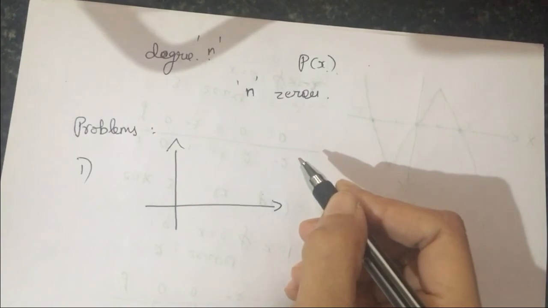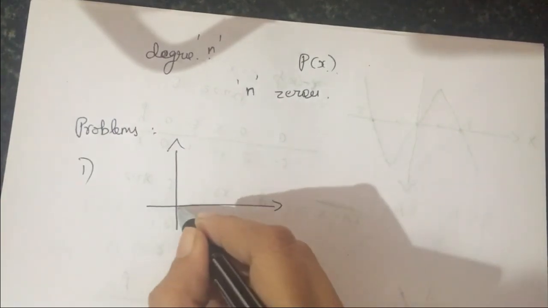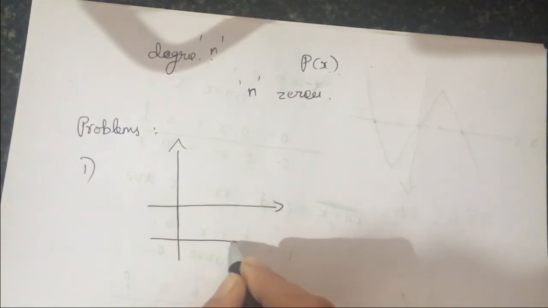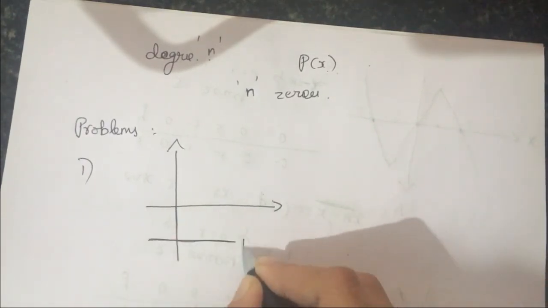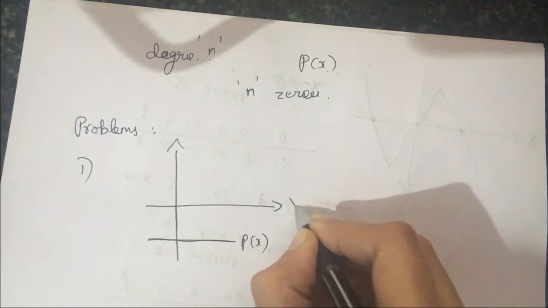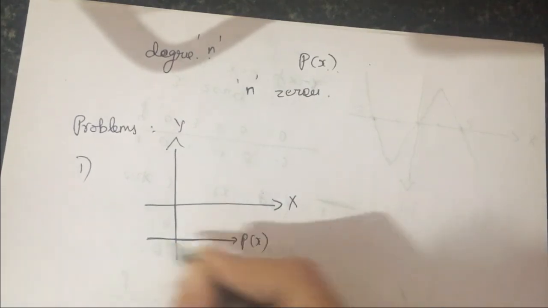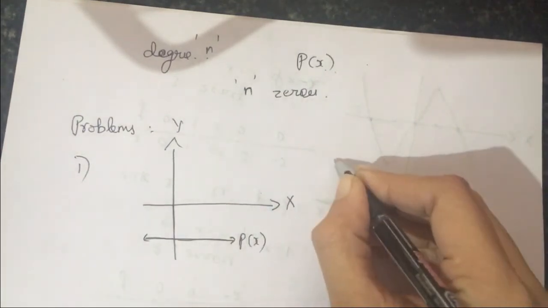Okay. See, this is my polynomial p of x. This is the x-axis and this is the y-axis. This is the curve of a polynomial. I'm representing it by a straight line. You tell me how many zeros it has.